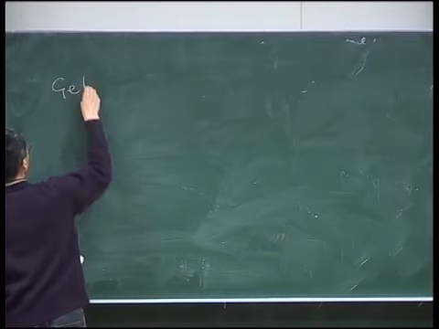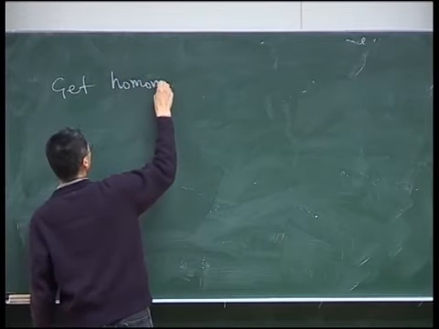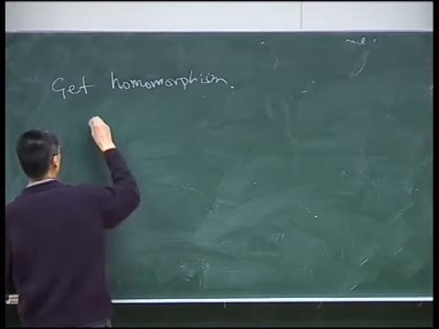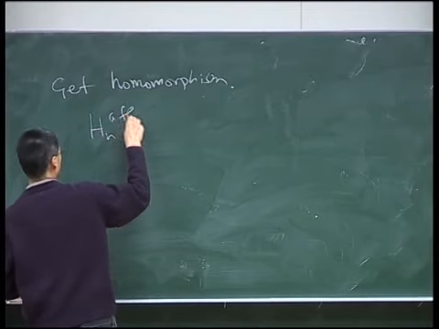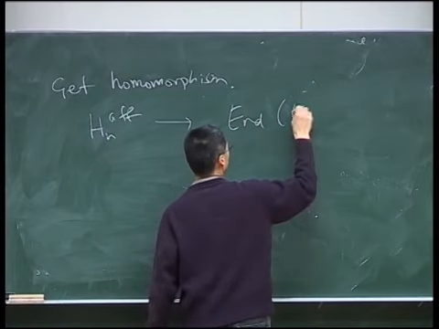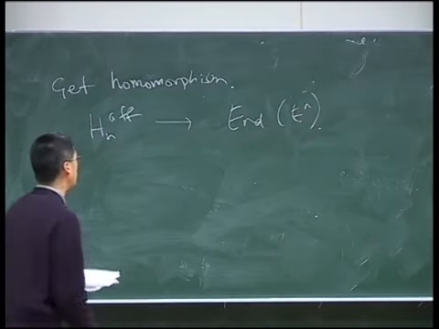So we get a homomorphism from the degenerate affine Hecke algebra into the endomorphism ring of the functor e to the n as follows.